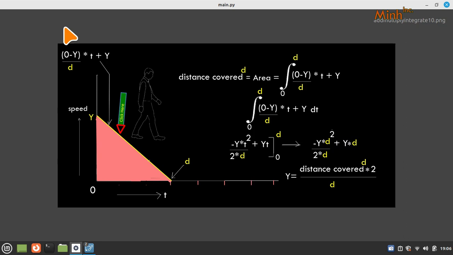So that leads to speed, and if I see speed at 0 is y and speed at d is 0, and this is a line, can we come to an equation like this?